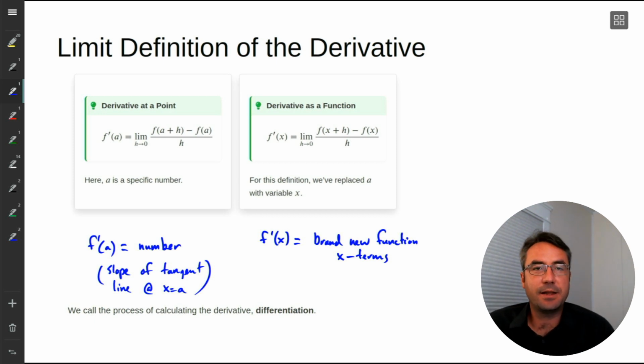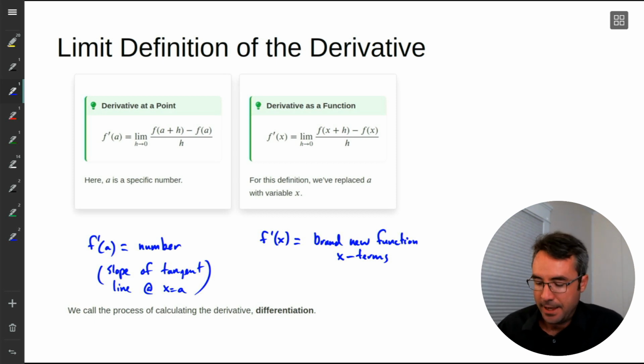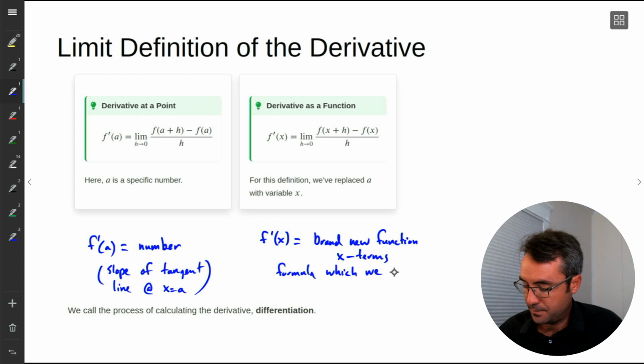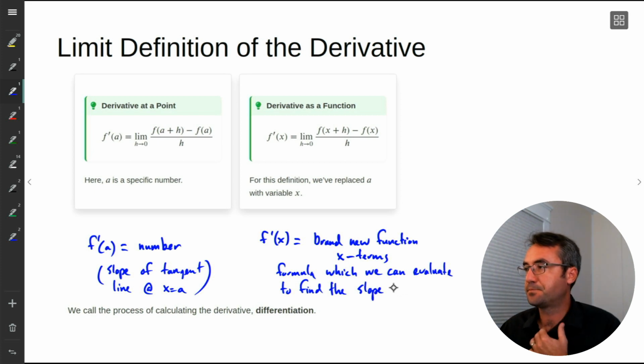And so the way to think of what f prime of x is, in terms of the slope of a tangent line: f prime of a is giving us the slope of a tangent line at one specific point. F prime of x then would be a formula which we can use to find the slope at different points.